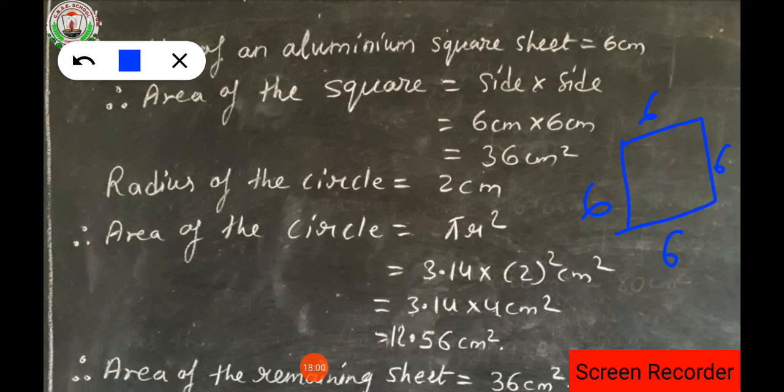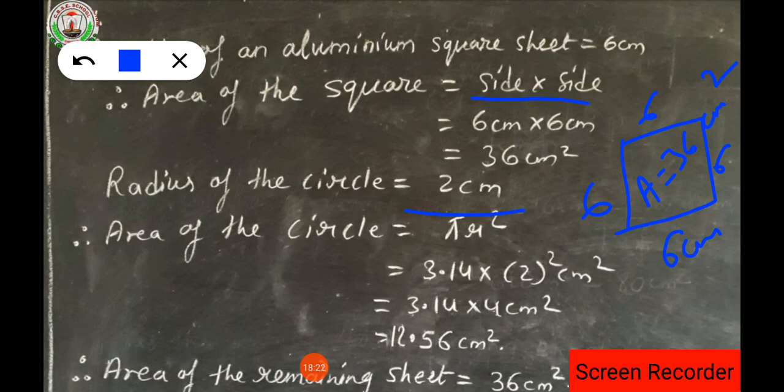Clear? Now with the side 6 centimeter, can we find the area of the square? Of course we can, because the formula for the area of a square is side into side. That means 6 into 6 is 36 centimeter square. Clear up to here?